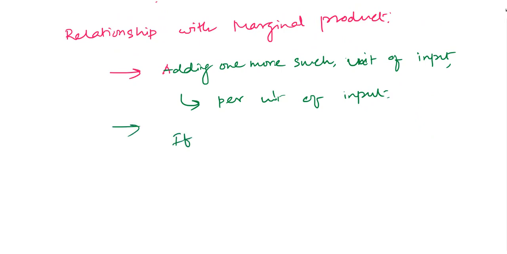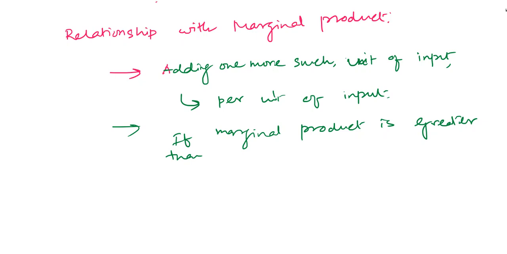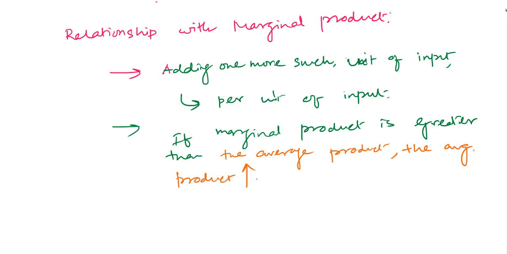And the second one is that if the marginal product is greater than the average product, that means the average product is increasing.